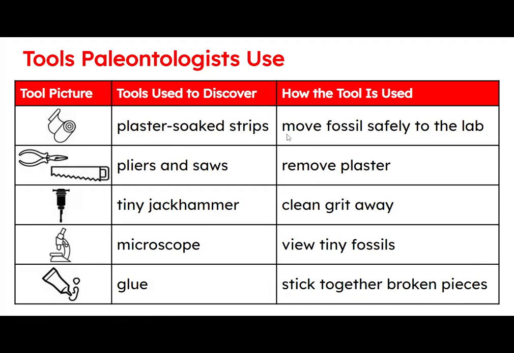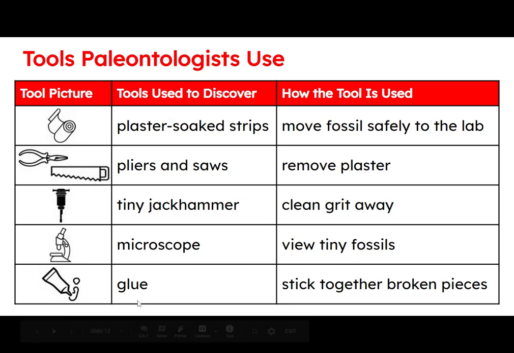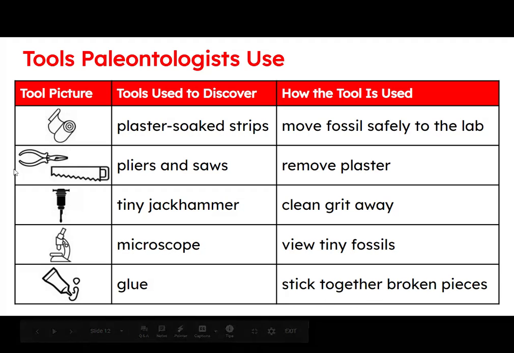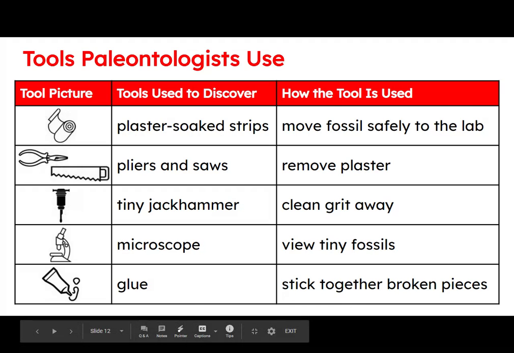Plaster-soaked strips move fossils safely to the lab. Pliers and saws. How is that used? To remove the plaster. A tiny jackhammer. That is used to clean the grit away. A microscope is used to view tiny fossils. And glue is used to stick together broken pieces. Okay, so we have all these new tools today.